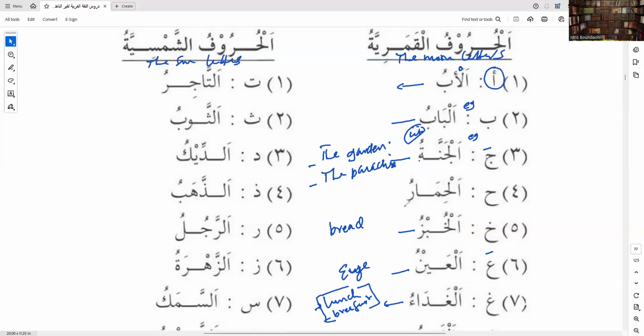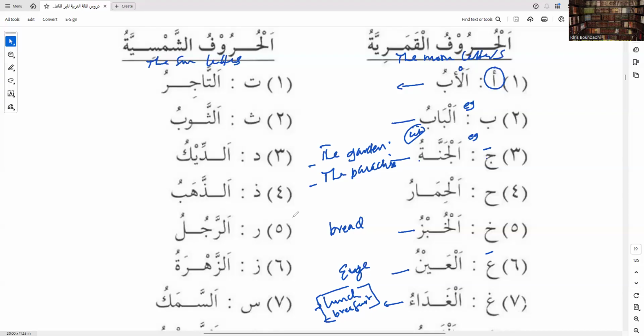Literally, they say awwal an-nahar aw wasatuhu, the early or middle part of the day, or eating from dawn until noon. It's a food you eat early in the daytime or in the middle of the daytime. That's the definition of ghada in Lughat al-Arabiyya.